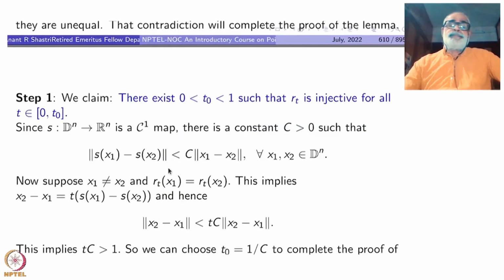So the first claim is there exists t0 with 0 less than t0 less than 1, such that this Rt is injective for all t between 0 and t0. Look at 0, you have no control.